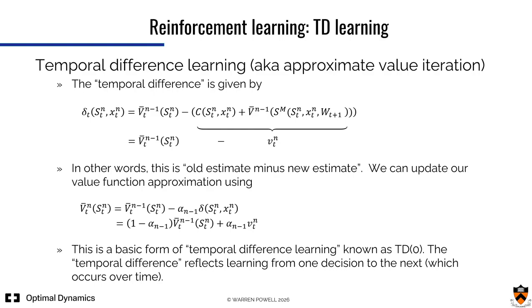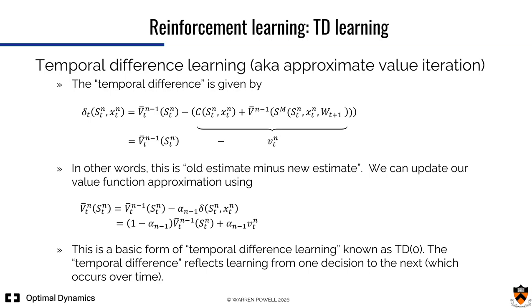Let's take the one period contribution plus the downstream state and roll that all up into this variable called v^n of t. Now, the difference between the v bar n minus 1 at state S^M t and this v^n of t, these are two different estimates of the value of being in state S. Let's call it the old estimate and an updated new estimate.